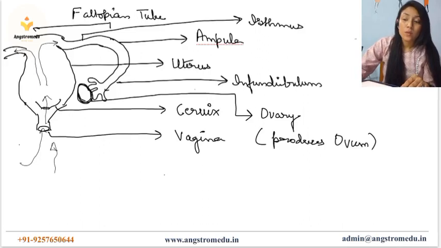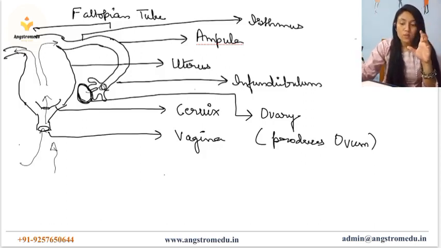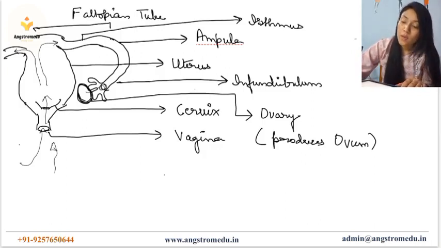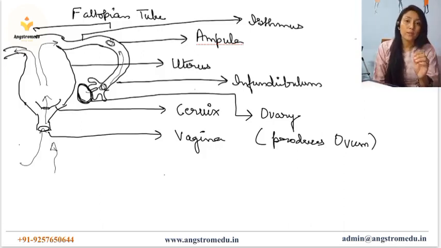And what happens in the fallopian tube? The ovary releases an egg. This egg is caught by the finger-like projections present in the infundibulum region, and from there the infundibulum pushes that egg into the ampulla region. In that ampulla region, the egg waits. Waits for whom? Waits for the sperm to come and fuse with that egg.